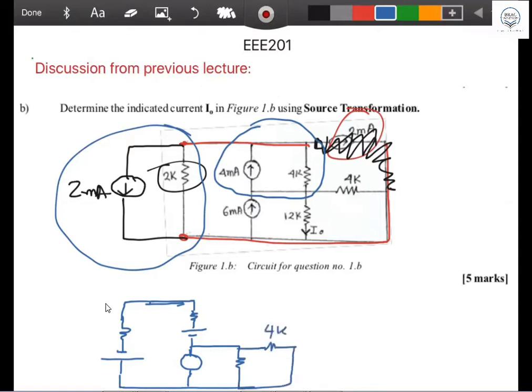So actually it is in parallel to 12K. This is your I naught, which you have to find, and this is your 6 milliampere current source.